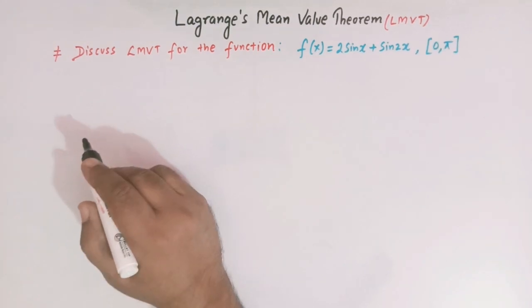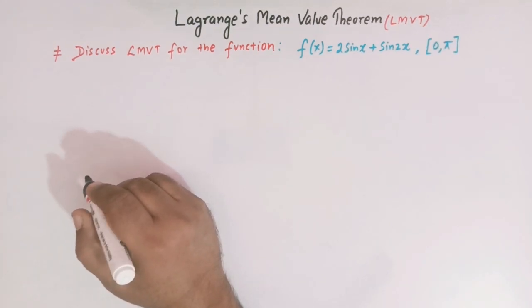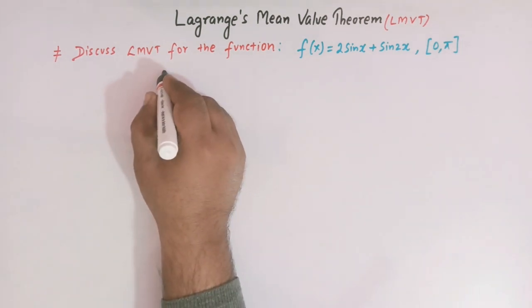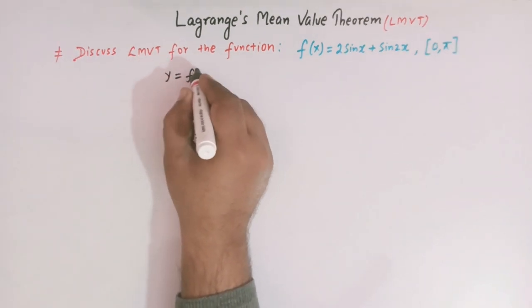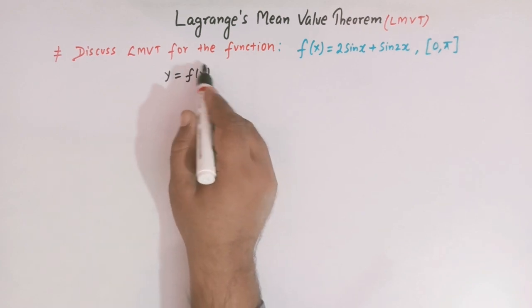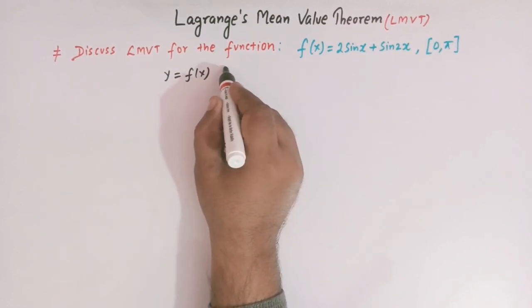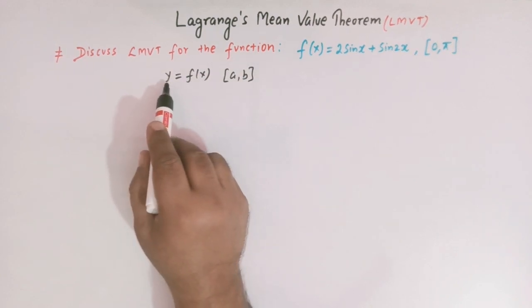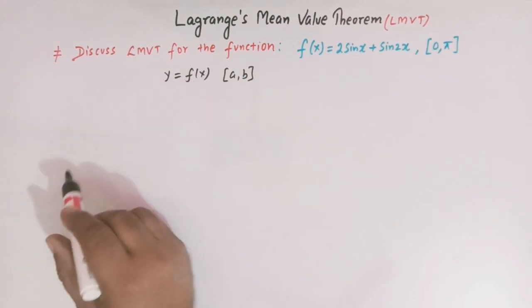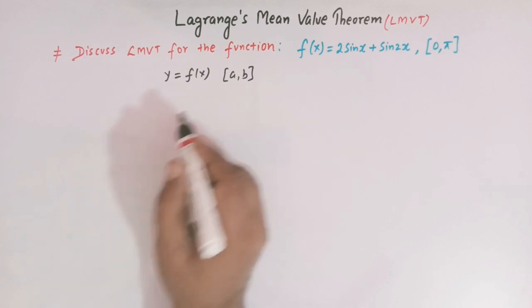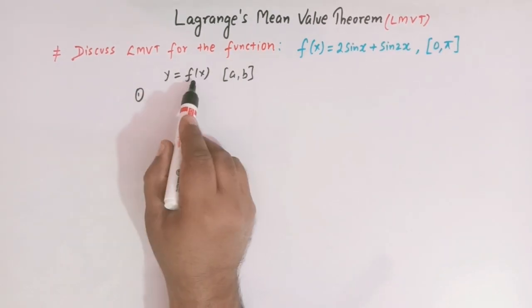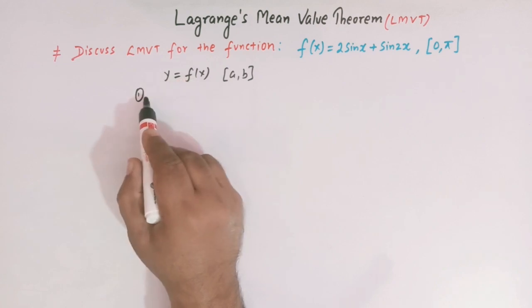So let us first quickly see the statement of Lagrange's mean value theorem. Let us take a function y is equal to f of x, defined in the interval a comma b, which is the domain of this function. Suppose this function satisfies two conditions.